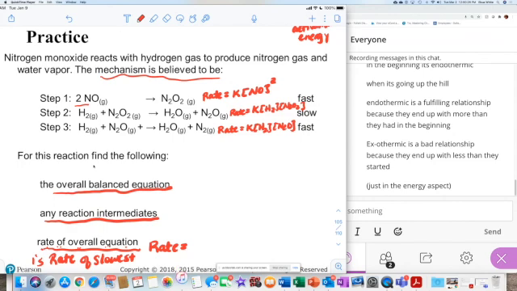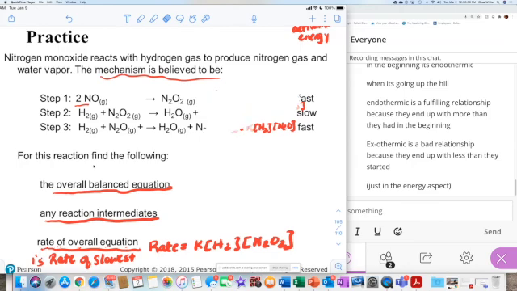So I can say here, rate equal K H2, the second reaction, right? N2O2. I'll write it right here. So since I've done this part here, I can erase this because it gave me what I wanted, the last one.